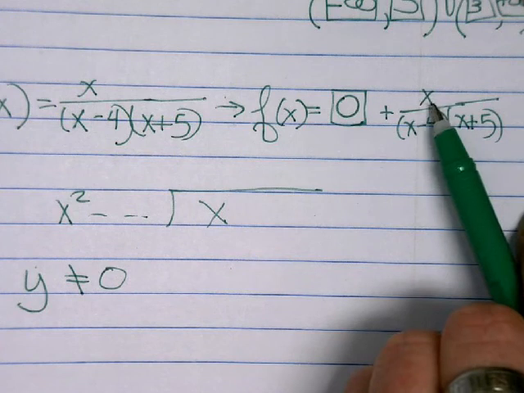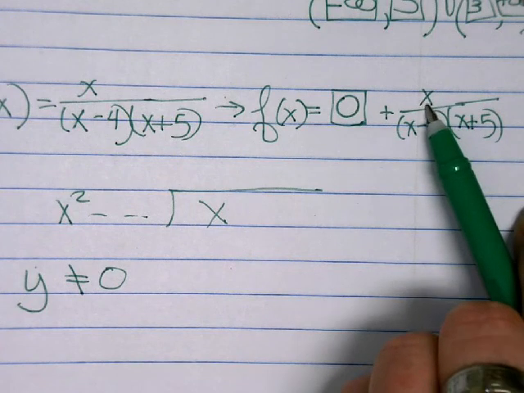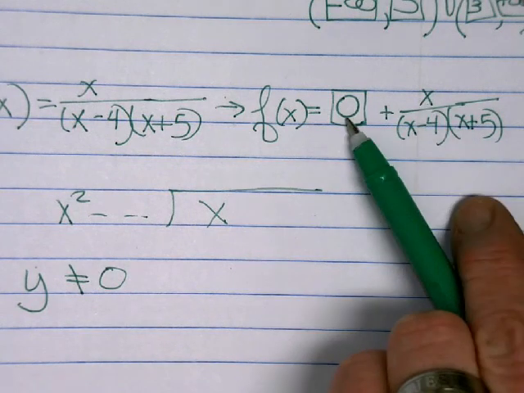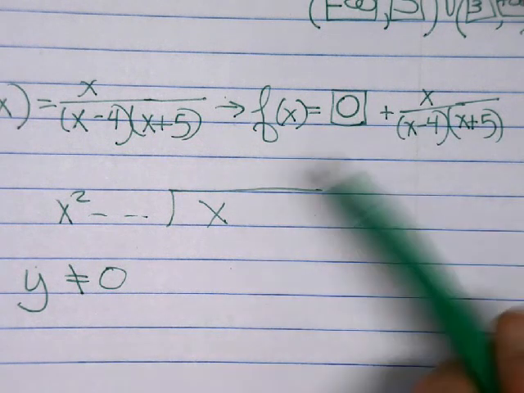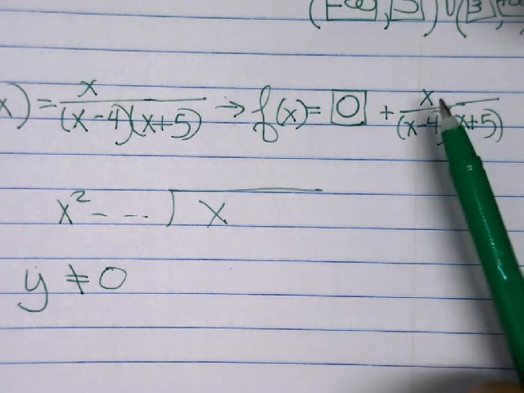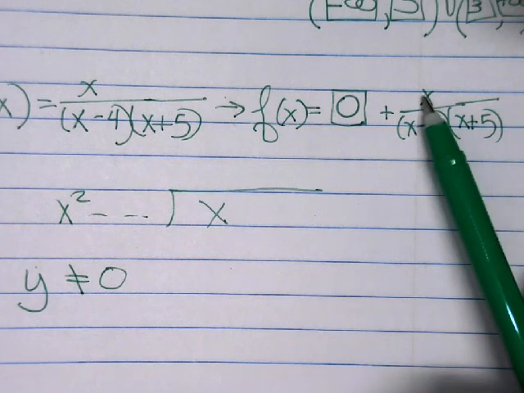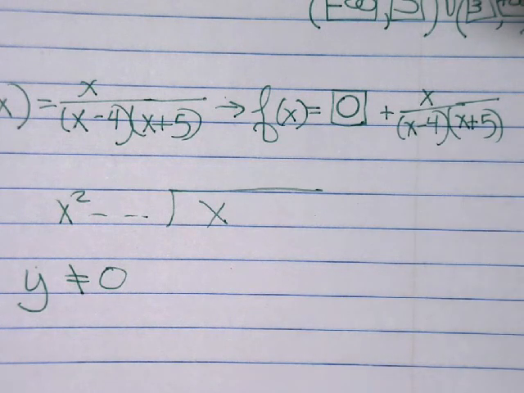Oh, yes, it could. It could equal 0. Because if I put in a number in here, what if I put x equals 0? Because I'm saying this will always be a number. Is that true?